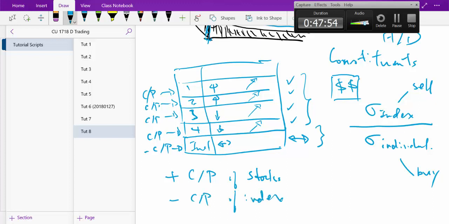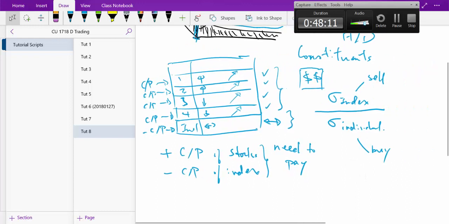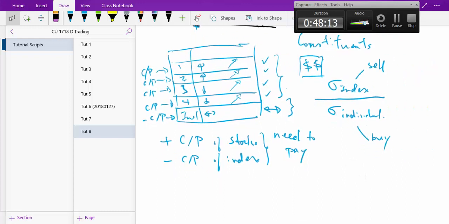If you are doing that, first of all, you need to pay. And the one measure that we use to see whether this is expensive or whether this is a good time for you to do that is we look at this item here.